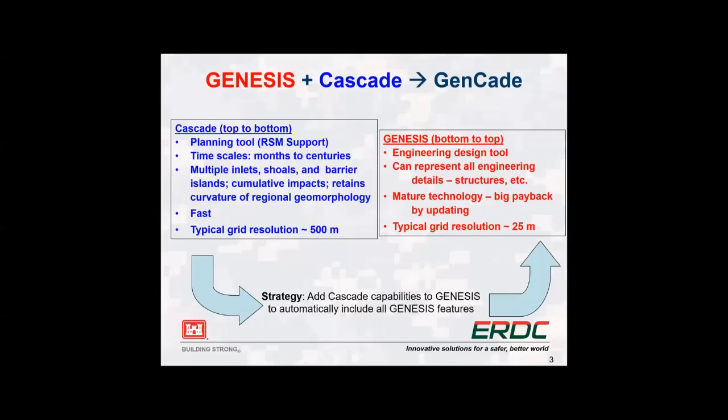Genesis was more of an engineering design tool. You can get any kind of structure: groins, jetties, seawalls. And since it's doing a more refined job on local engineering, the resolution is 25 meters. So the strategy was to add Cascade capabilities to Genesis to get GenCade.